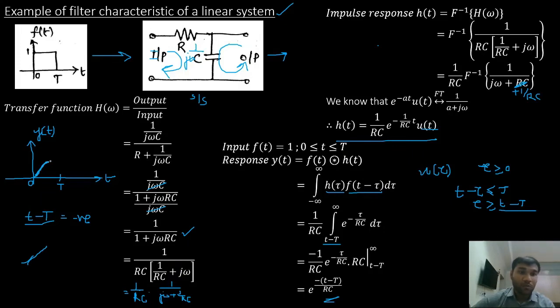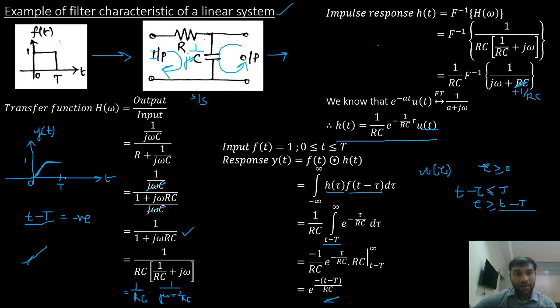When it's almost equal to capital T, what happens? When it is very close to capital T, the difference between t and capital T is very small. That means t is almost equal to capital T. T minus capital T becomes 0. E power 0 becomes 1. So when it comes close to capital T, my response is going to be equal to 1.